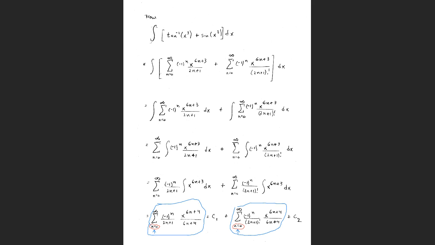But if the second power series' starting index were different, like n equals 1, then we'd have to readjust it so its starting index were n equals 0, and then we could add them. But these two power series are good. They have the same starting index, and we can add them.